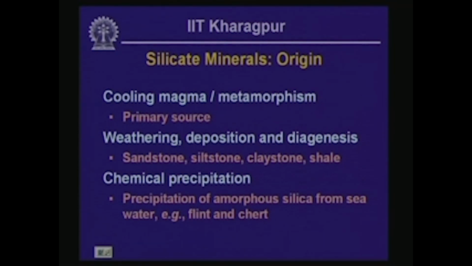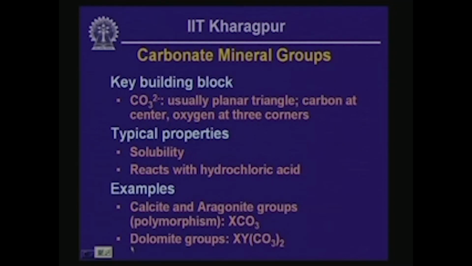Precipitation of amorphous silica from seawater is the mechanism responsible for the formation of flint and chert. So basically, you could get silicate rocks formed out of cooling of magma or metamorphism, or from weathering and consequent alteration of the chemical characteristics of the original silicate mineral, and also from chemical precipitation, as in the case of flint and chert.